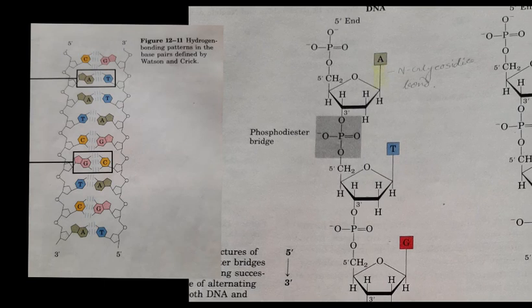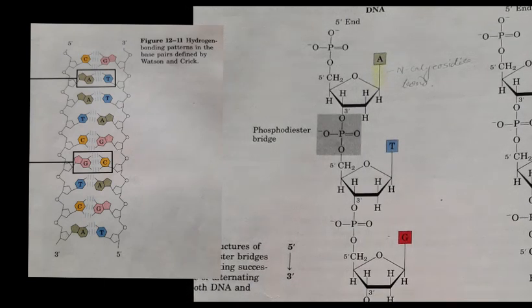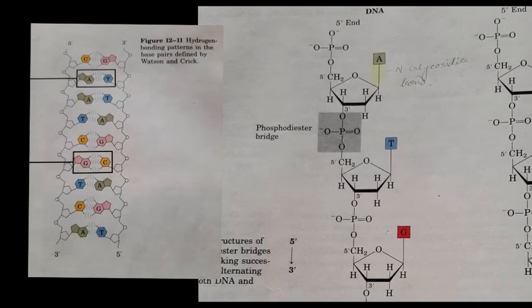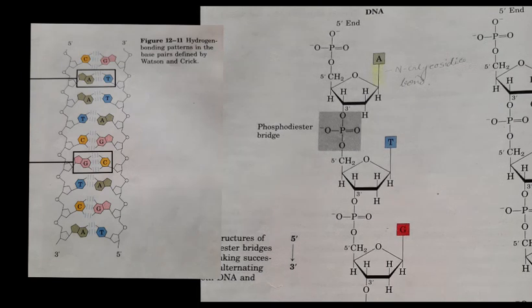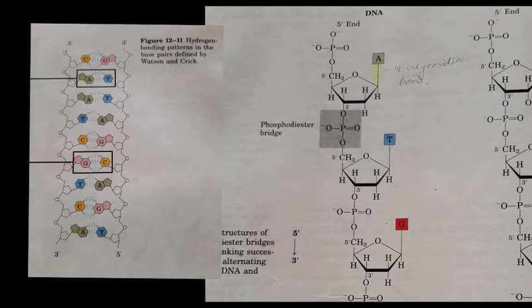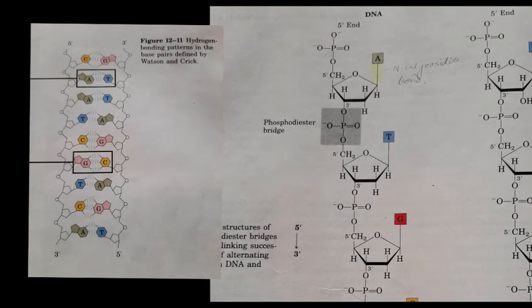So N-glycosidic linkage to the 1' carbon of the pentose is formed, and now it is called a pentose, and a purine or pyrimidine is called a nucleoside.